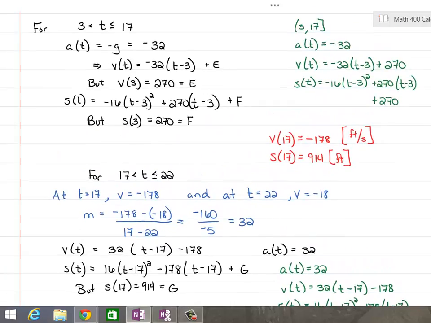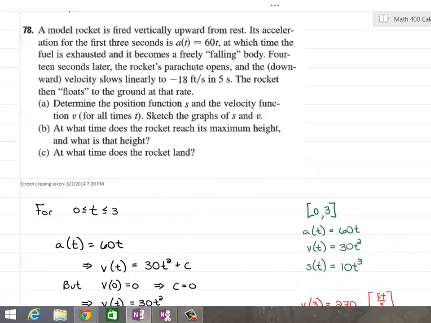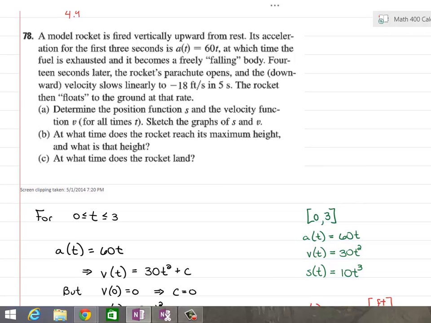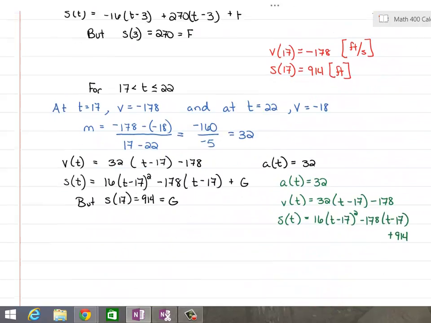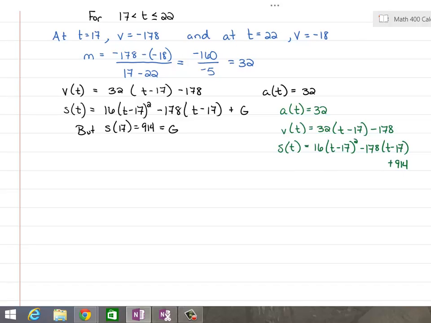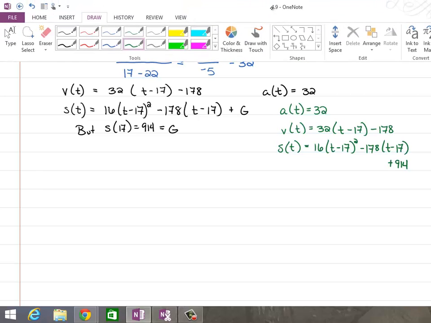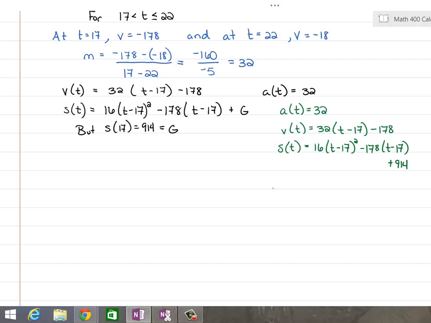But we still have, let me read. The rocket then floats, quote unquote, to the ground at that rate. So from that point forward, we know that the velocity is going to remain at the speed at time 22, which is going to be negative 18 feet per second. Let me write in red a few things that I may need.